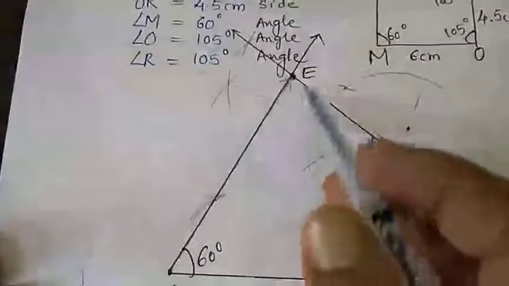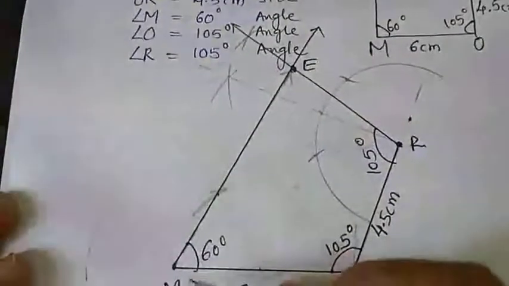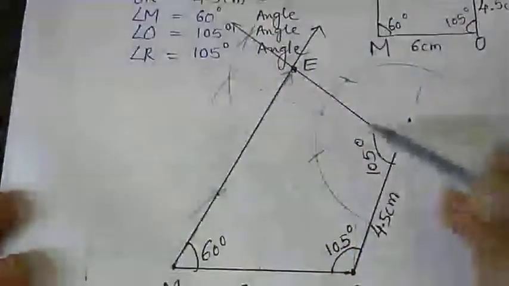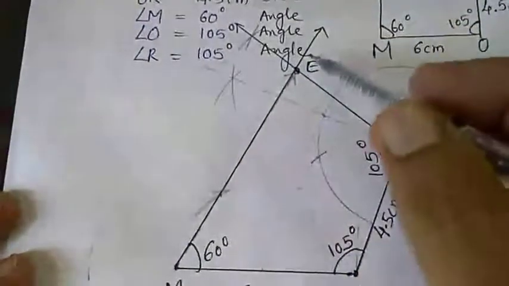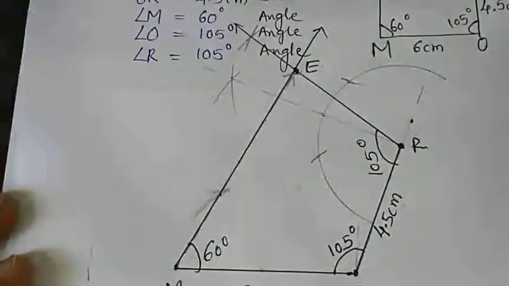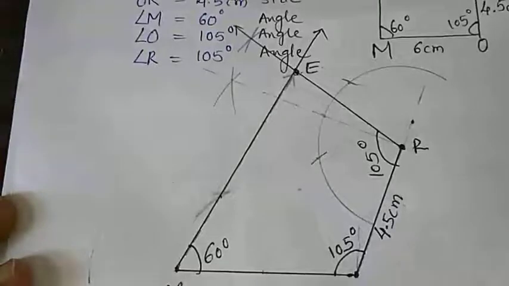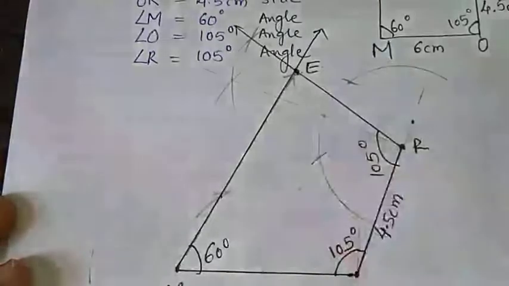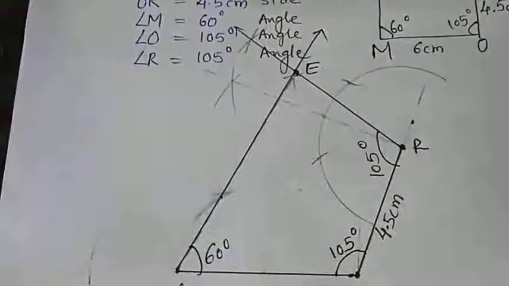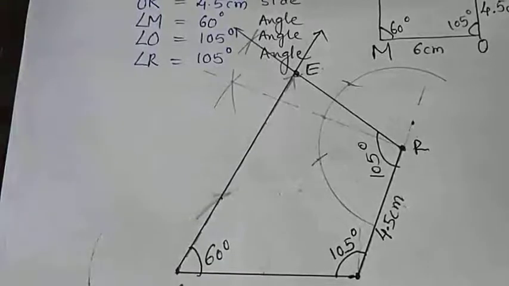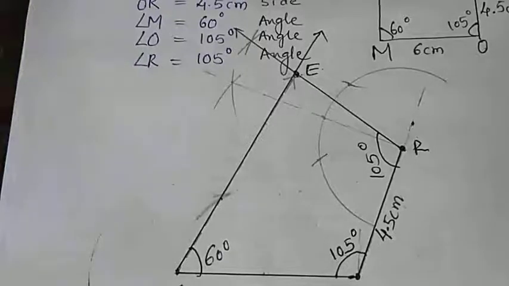There was no measurement for that arrow, so we have just extended this arrow and this arrow, though no measurement is given, so the intersection point will be point E. So this will be quadrilateral MORE. Hope it is clear to you everyone, and you can write the steps of construction based on whatever we have done. Okay friends, try to complete it in the notebook. God bless you all.